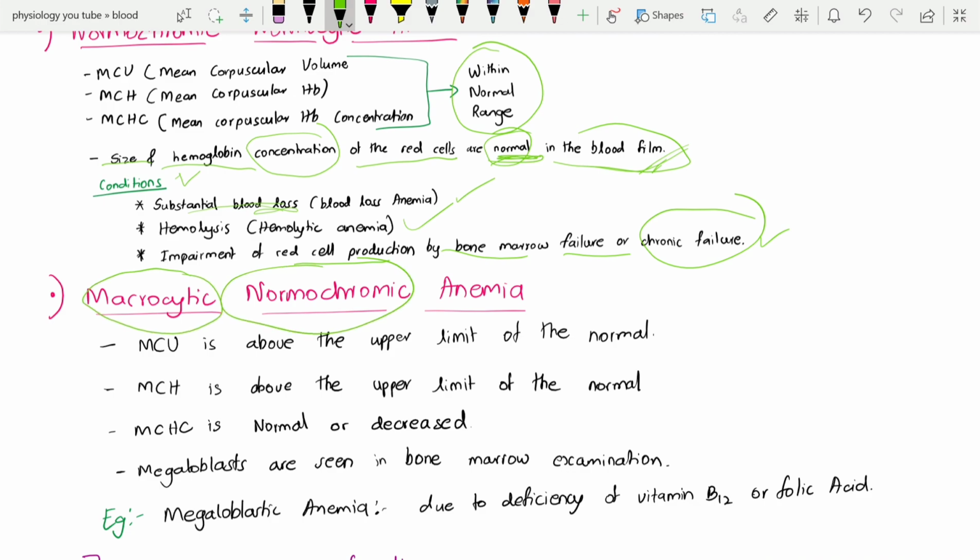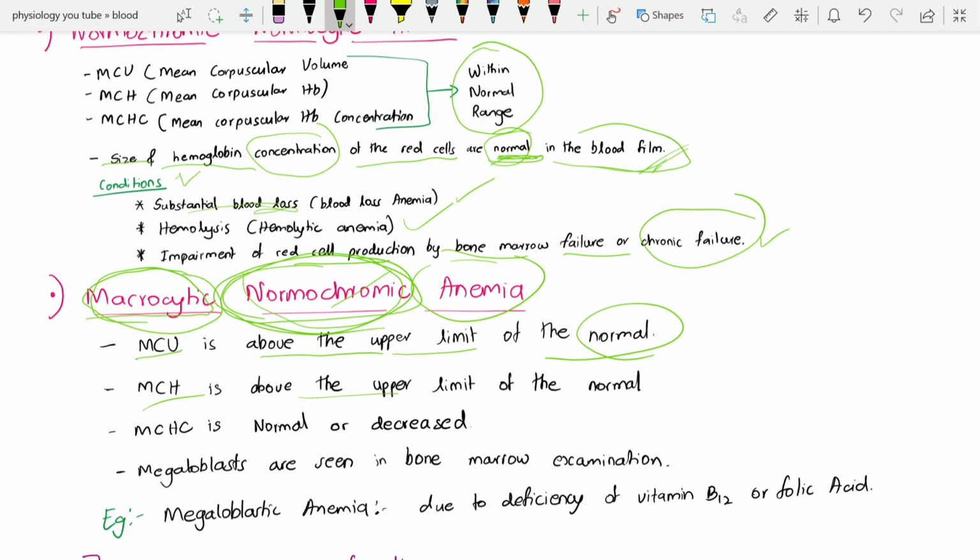Macrocytic normochromic anemia. The word suggests that RBCs are larger but look normal in color. Color of the RBCs is normal. Here MCV is above the upper limit of normal, which suggests increased RBC size.